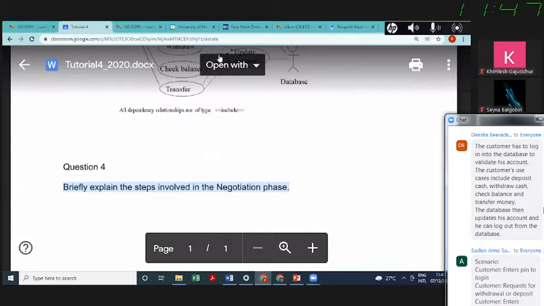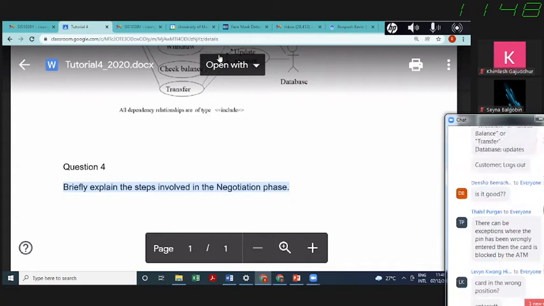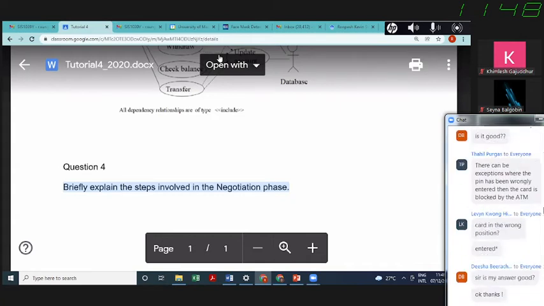This is as per the concept of requirements, where you put all these operations on different lines, then update and log out. Yes, it's okay. It's just that you need to separate these operations and put them separately.